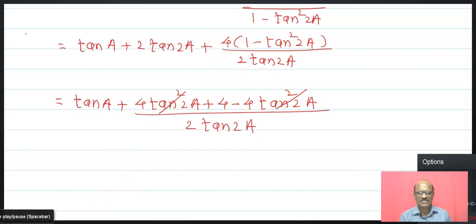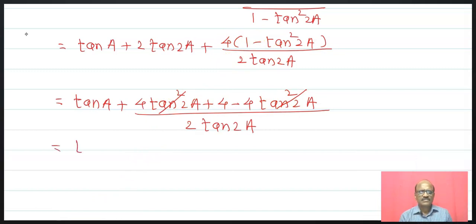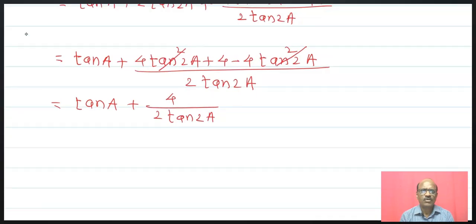Now see this here. That is tan A plus 4 upon 2 times tan of 2A, and the final simplification is here. That is 2 upon tan of 2A, which is nothing but 2 times tan A upon 1 minus tan square A.